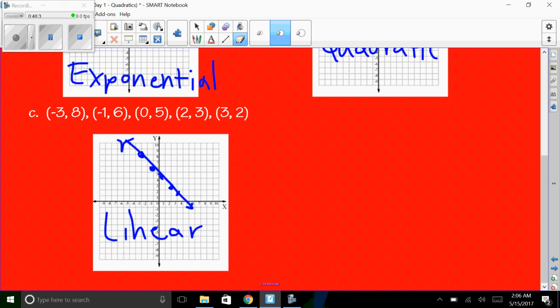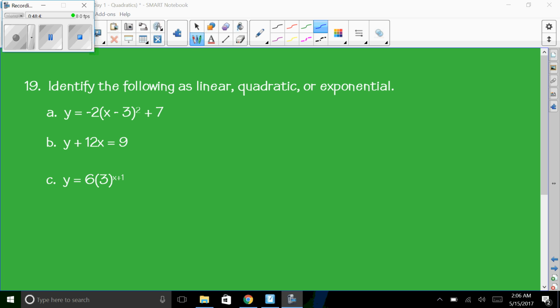Alright. Moving on to the next one. Identifying the following as linear or exponential. Alright, well, if the equation has a squared in it, it's going to be quadratic.